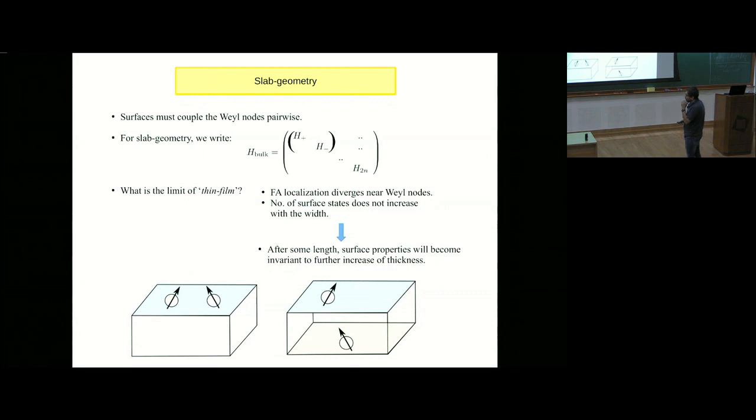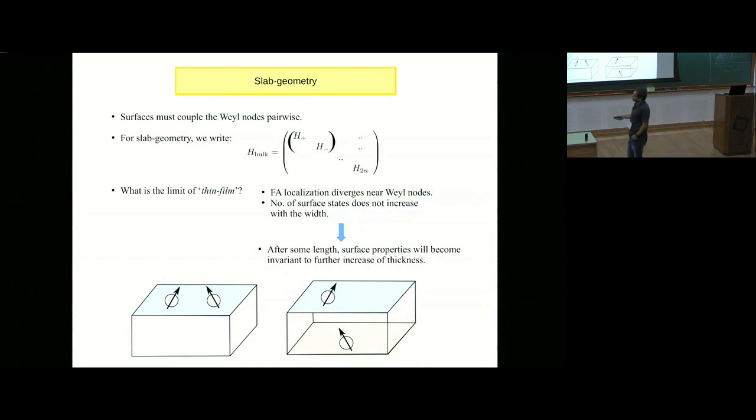Now, in this particular case, we are going to ask the question: what happens if I put two spins on the same surface of the Weyl nodes? Actually, I did not put the result of this. I thought I would use up all my time.